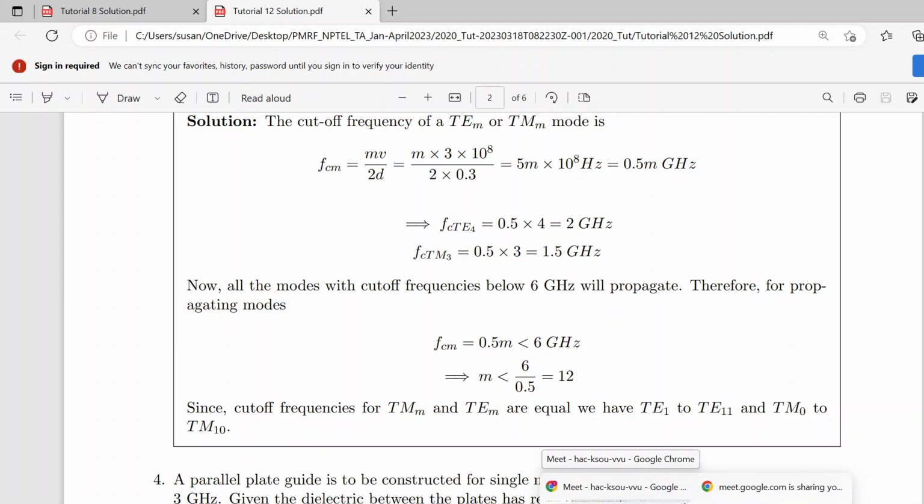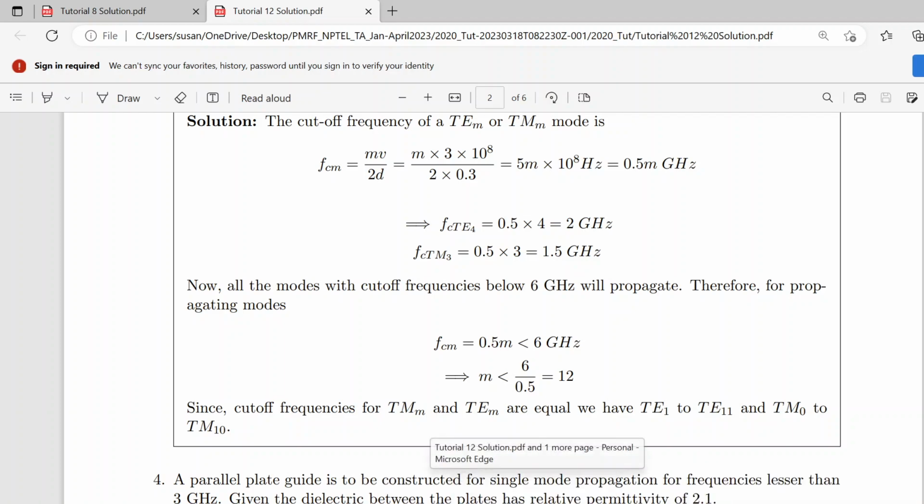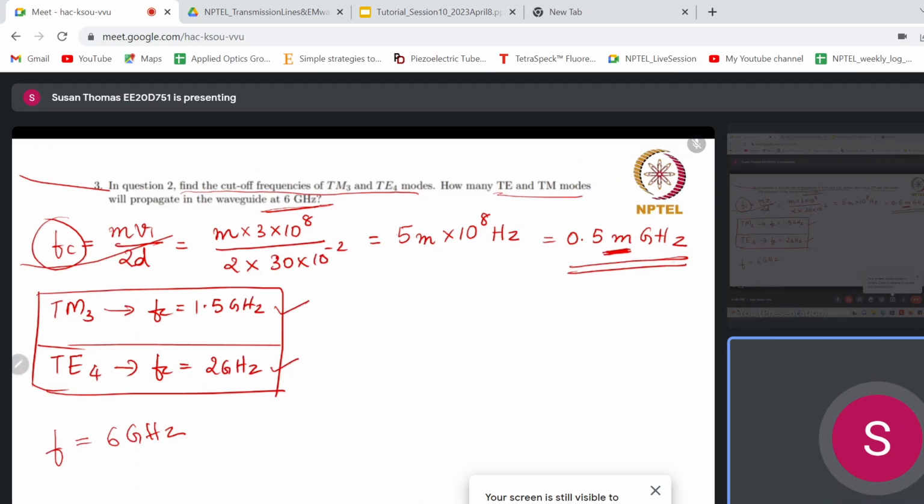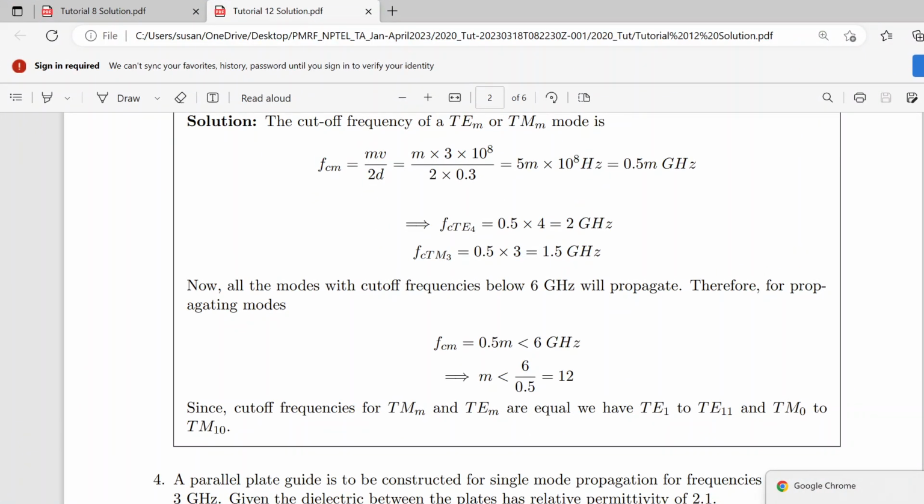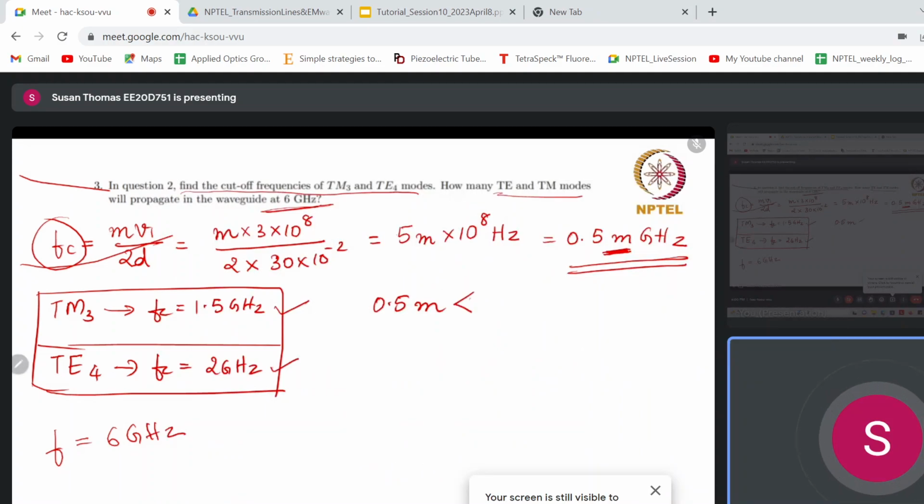Any mode which has a cutoff frequency less than 6 gigahertz will propagate. Any mode's cutoff frequency is 0.5 m gigahertz, so 0.5 m should be less than 6. In that case, m can be found like this: 6 by 0.5, which is equal to 12.